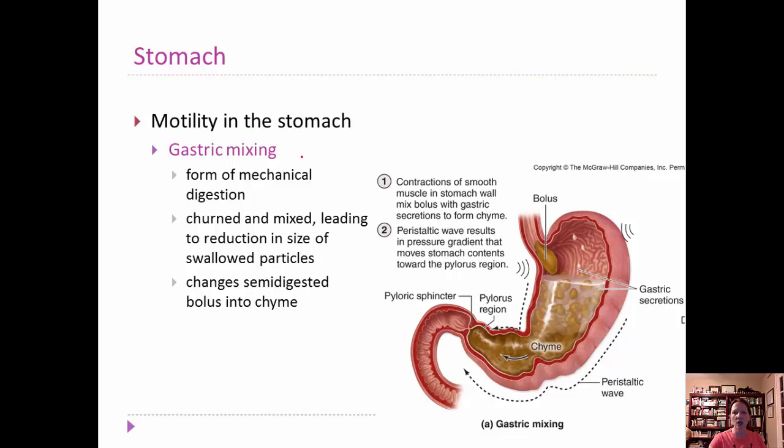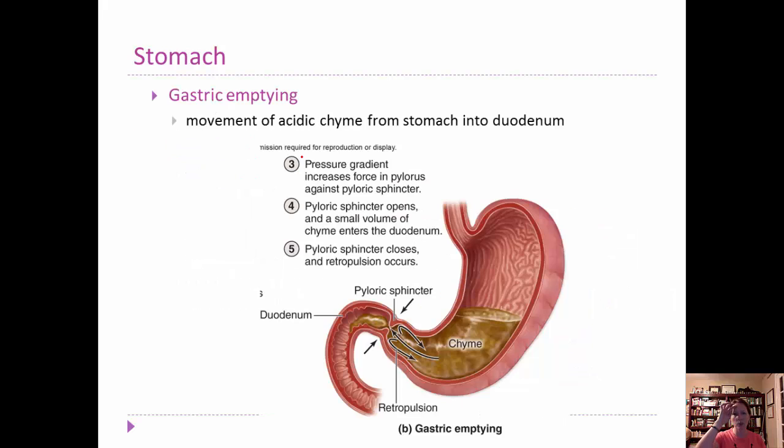It creates a pressure gradient because of that contraction, and that pressure gradient forces the pyloric sphincter open.